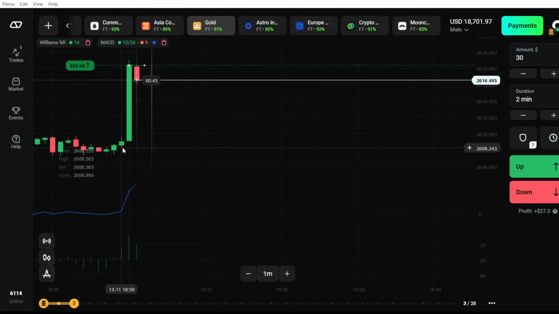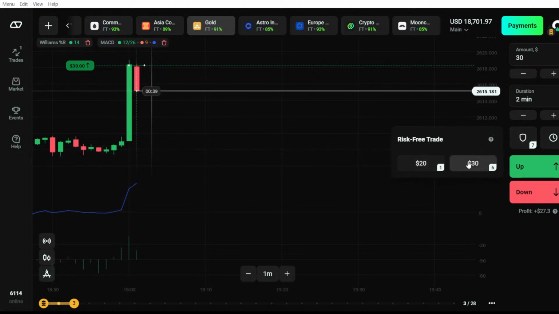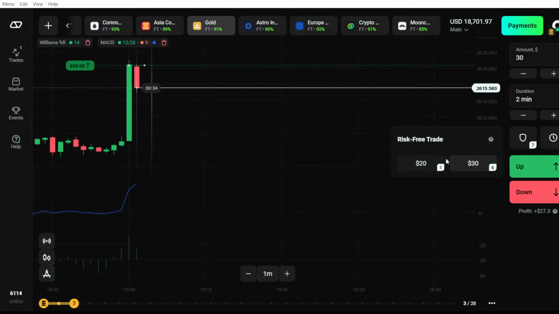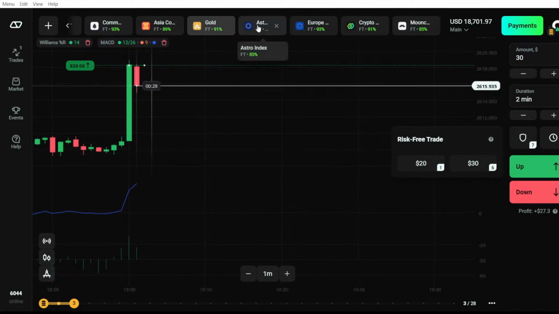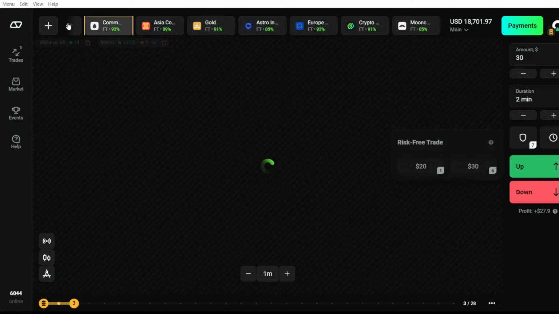If we would have opened a trade at this level, of course that was supposed to go to the positive side. Now the market is trying to recover itself. Let me check one more thing.